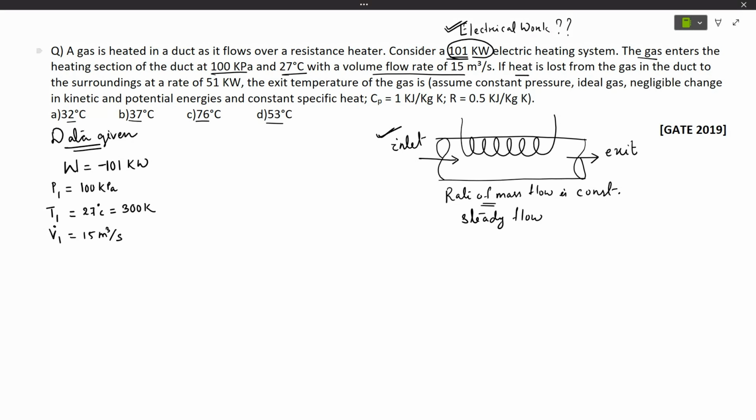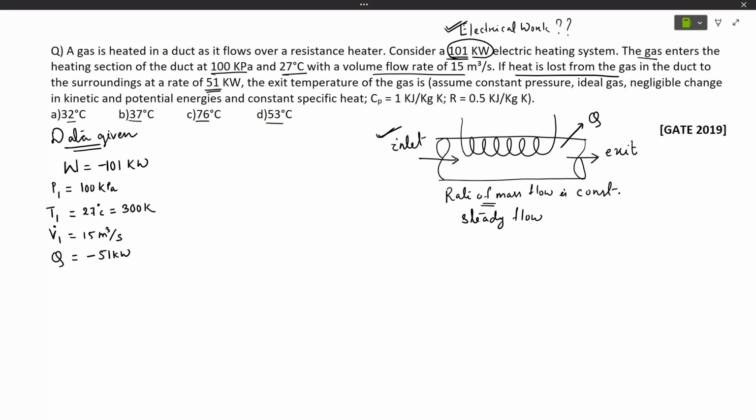Next data we see here: if heat is lost from the gas in the duct to the surrounding at a rate of 51 kilowatt, it means heat rejection to the surrounding from the system, that is Q. So Q equal to minus 51 kilowatt, as this 51 kilowatt is the heat rejection.